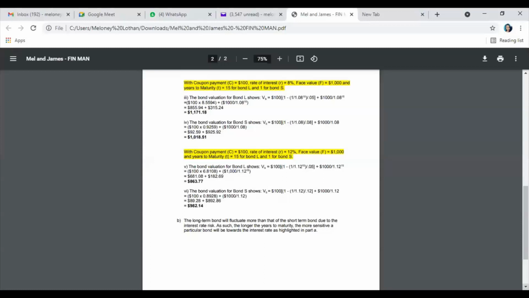For the short-term series, we'll be having T equaling 1, the year to maturity, and the results will be 100 times 0.8928 plus 1,000 divided by 1.12. Total result, $982.14.